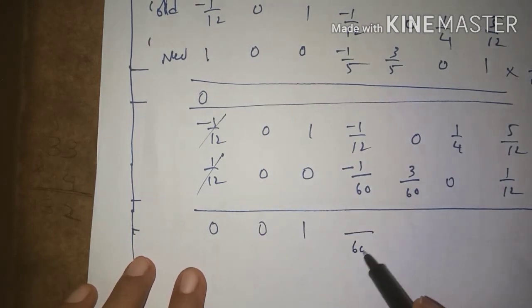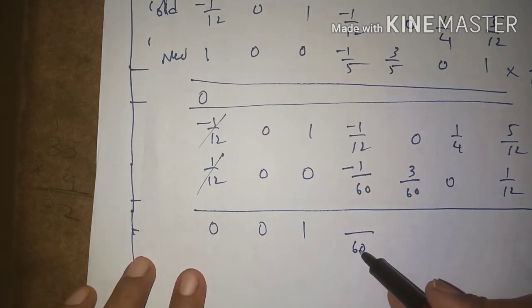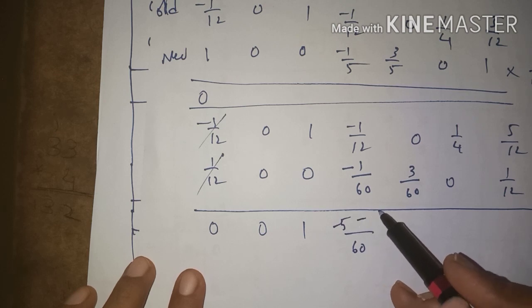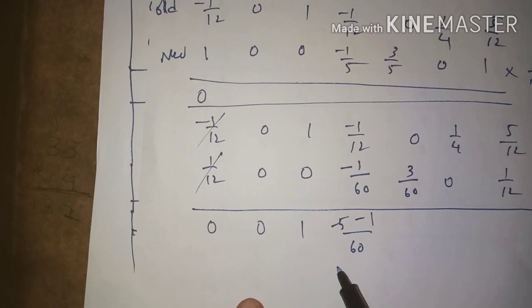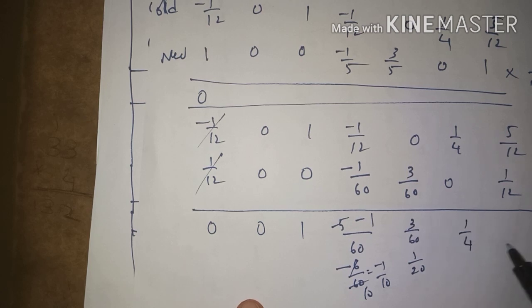Now here LCM is 60. 12 5s are 60, minus 5, minus 1, minus 1 is minus 6 by 60 is equal to minus 1 by 10. 3 by 60 is nothing but 1 by 20. 1 by 4.